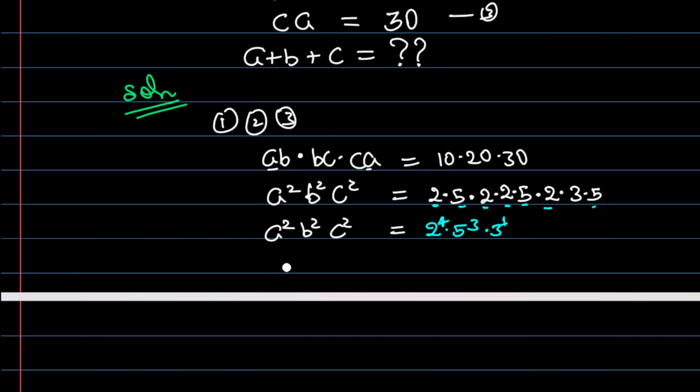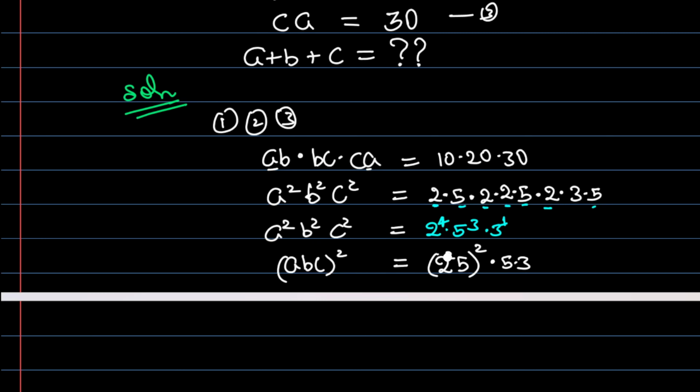So this becomes ABC whole square equals 2 raised to the power 2 and 5 whole square times 5 times 3.